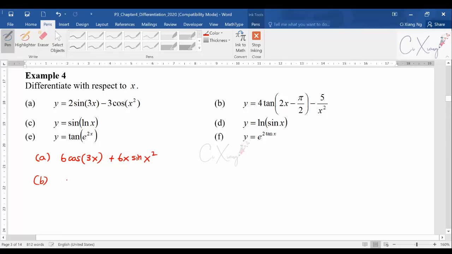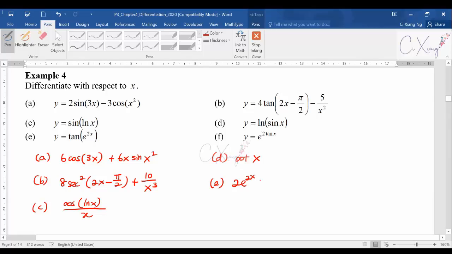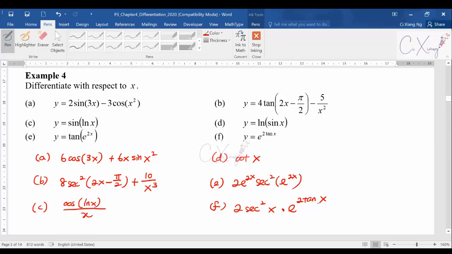Then part B, part C, part D, part E, and also part F. Hopefully you try out all this and understand how to get the answer. So this one you try on your own.